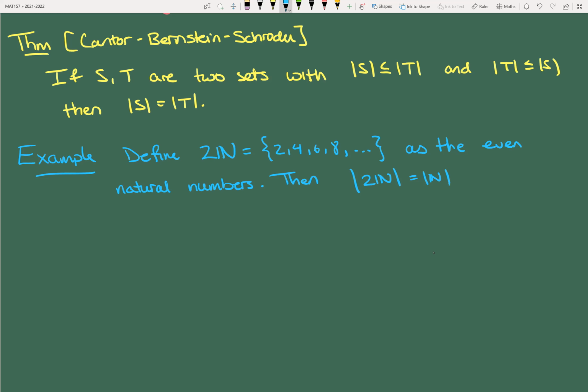And this is the sort of funky thing that happens when you start to deal with infinite sets. Can anyone tell me what the bijection is? Don't even use Cantor-Bernstein-Schroder. What is the bijection? Anyone?